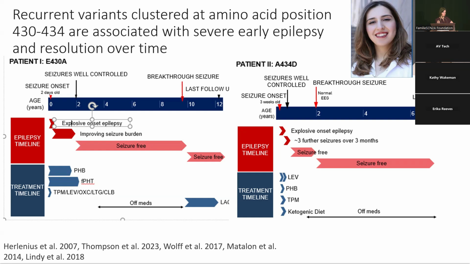And they stayed away, except for one of those two individuals had seizures later that have been controlled on a single medication, lacosamide, which is a sodium channel blocker, but fairly easily to control. They still have a significant, both of them, developmental disorder. It's not that it all went away by any means, but the seizures seem to go away, which is very different than many of the kiddos that we see in that presentation with early onset severe seizures, where they go on to those other epilepsy syndromes and they continue to be very challenging to control over time.